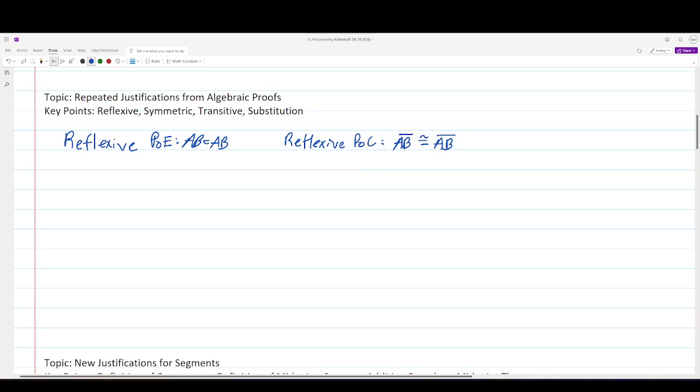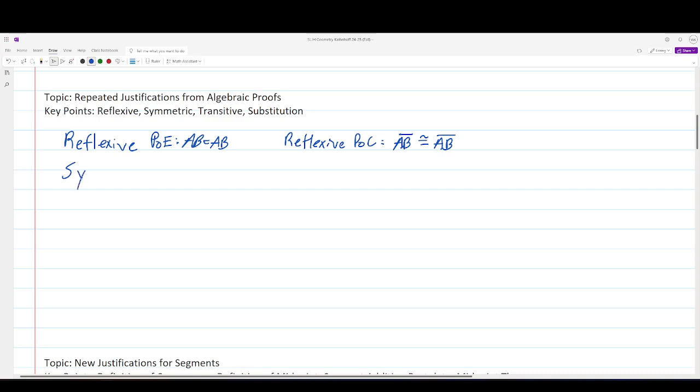Pretty much the same meaning, but we can look at the symbol in between. So the fact that there's a congruence symbol here and an equality symbol here tells us whether we're using POE or POC. So these other ones also have counterparts in properties of congruence.